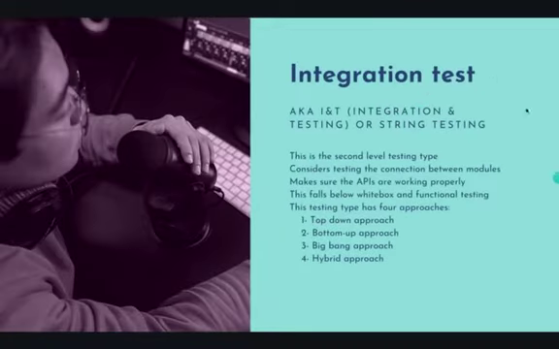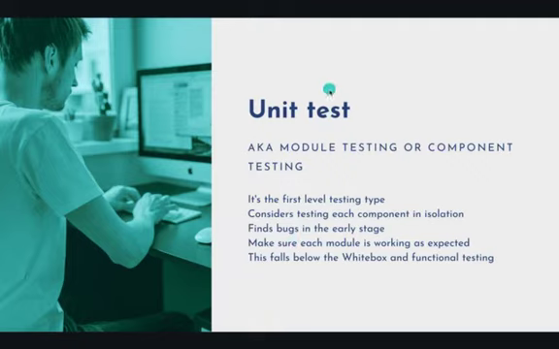So yes, in integration test, we also can use mocks and stubs, but these will only be used to mock external connections, for example. Whereas in the unit test, we will also mock other internal components.